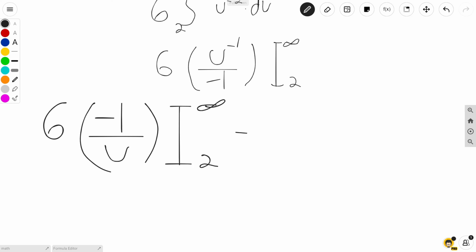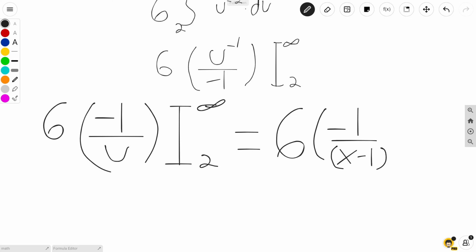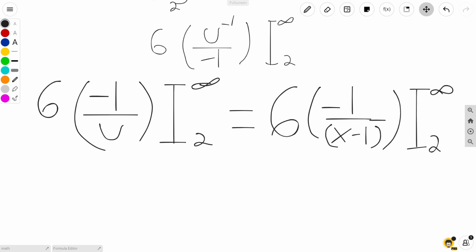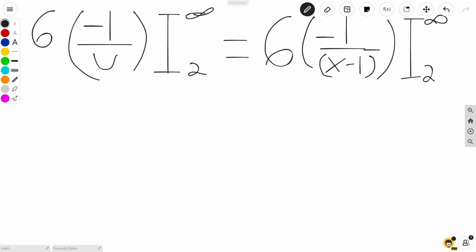So this is equal to 6 times negative 1 over x minus 1, from 2 to infinity. And now it's just a matter of plugging in the terms.